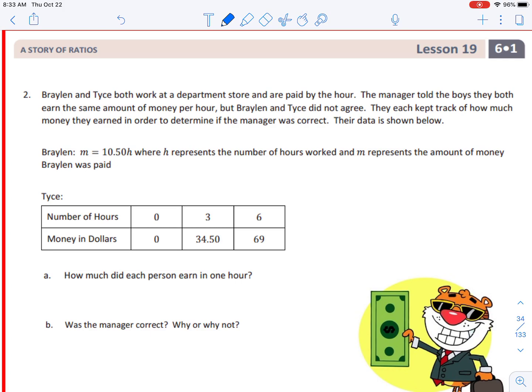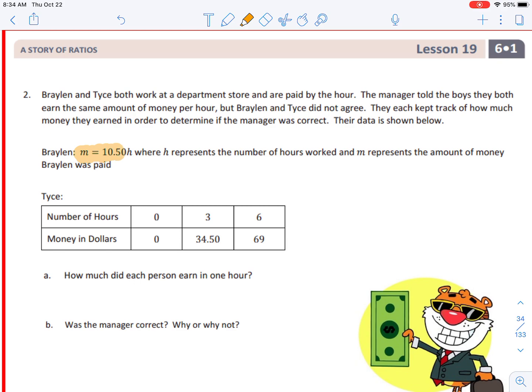Braylon and Tice both work at a department store and are paid by the hour. The manager told the boys they both earned the same amount of money per hour, but Braylon and Tice did not agree. They kept track of how much money they earned in order to determine if the manager was correct. Their data is shown below. Okay, Braylon's money is represented in an equation.